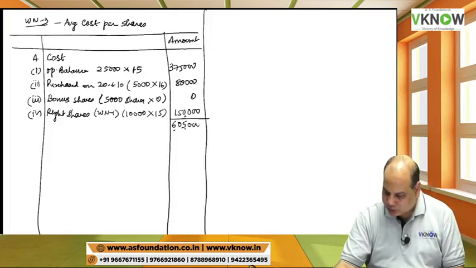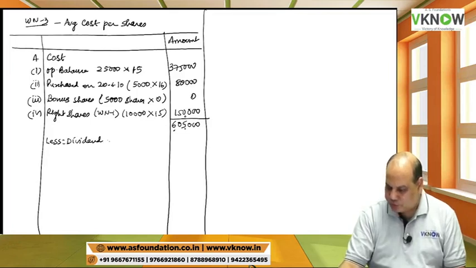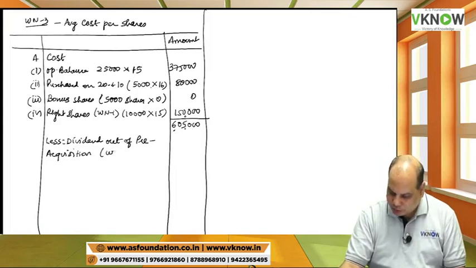6,05,000, write down. But there is one adjustment here. Less dividend out of pre-acquisition profit. That is working note 2.